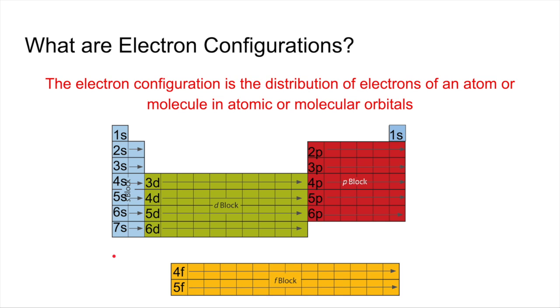It's also important to remember the number of electrons that each subshell can hold. So for the S subshell, remember, only 2 electrons can exist in each orbital. So for this entire S block, the first 2 elements in this entire period, the ones that belong to the S block, there's only 2 because the S block can only hold 2 electrons. And over here in the D block, remember, D can hold 10 electrons.